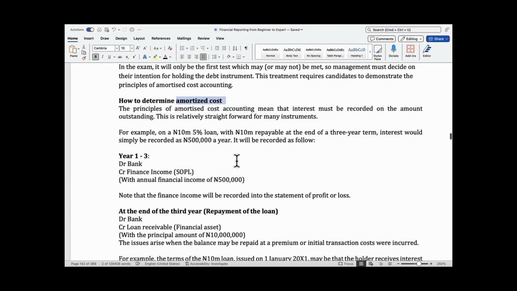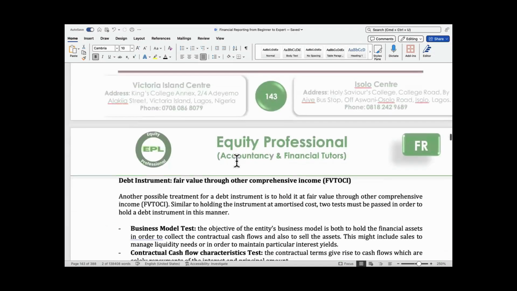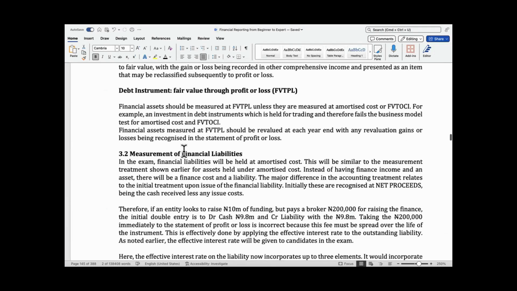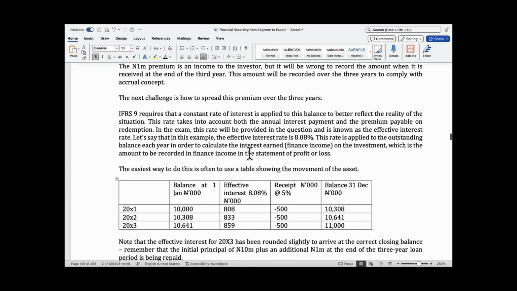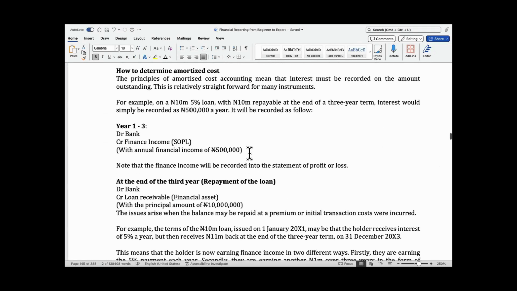I will leave financial liability so that, because of the impromptu information, I will be able to use it to revise with them also so that they can also gain. So, how do you determine amortized cost?